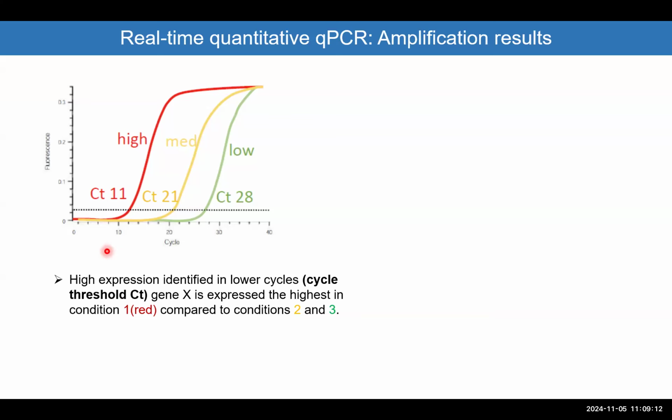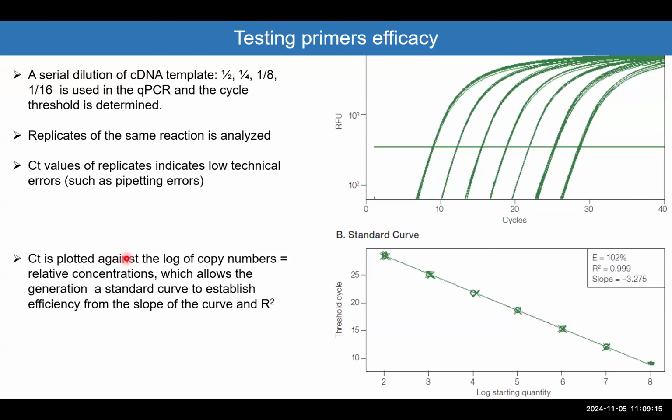So in other words, what I showed you here tells you that any product you get in the earlier cycles is more concentrated or more abundant compared to something that shows up in the higher cycles.